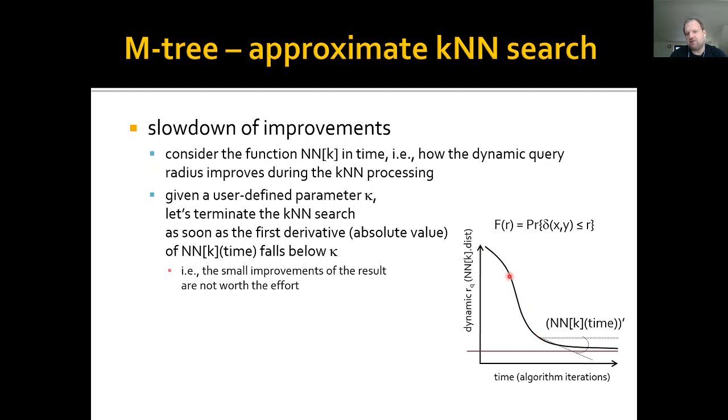Of course, this function is drawn as continuous, and in the algorithm it is discrete, but just to imagine the idea, we have a function, and during the algorithm the improvement starts to slow down because, for example, here the distance to the real nearest neighbor is here. It's the value where the algorithm gets at the end.